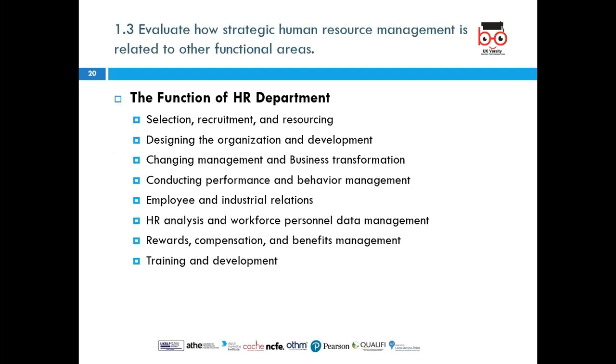So the third key thing we need to cover very quickly now is the idea of the HR function. We've been talking about this, so this is almost like a recap. The key HR functions we've already mentioned.